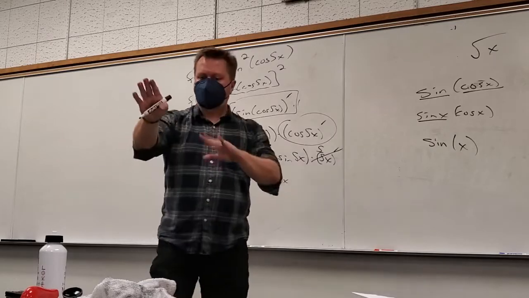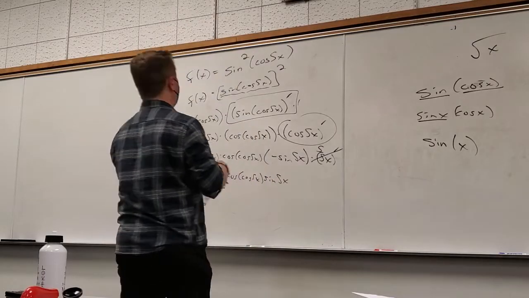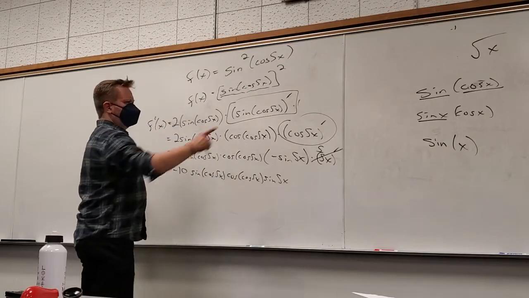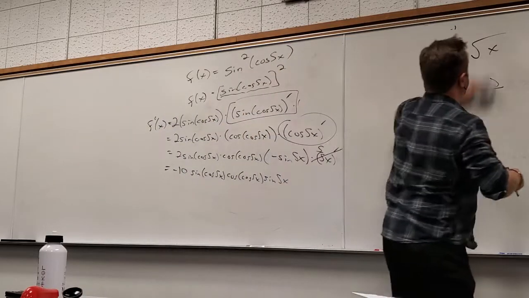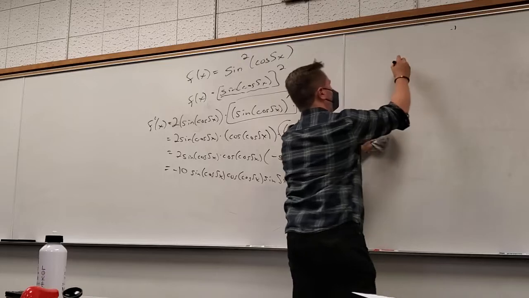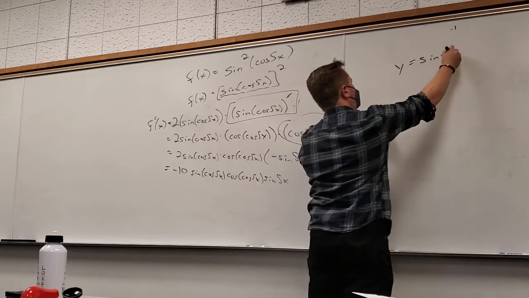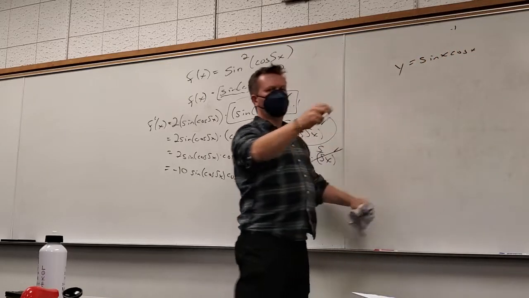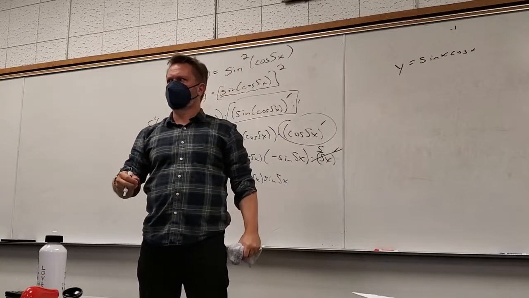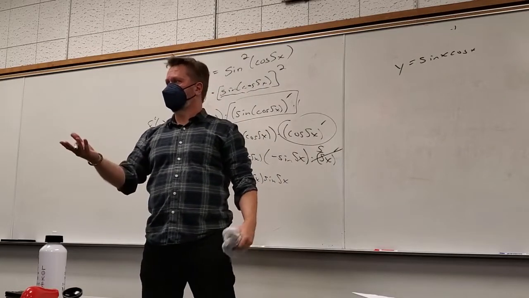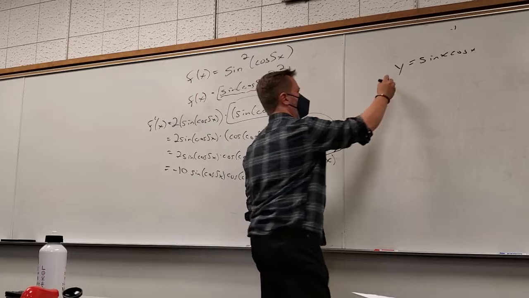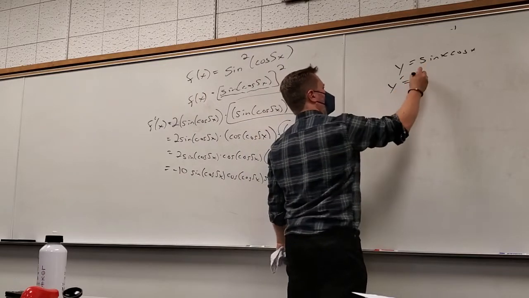So, how much time do I got? Okay. Real quick, if I ask you to do this derivative, what's the rule that I'm going to use? Product. All right, this would be derivative of sine is cosine.